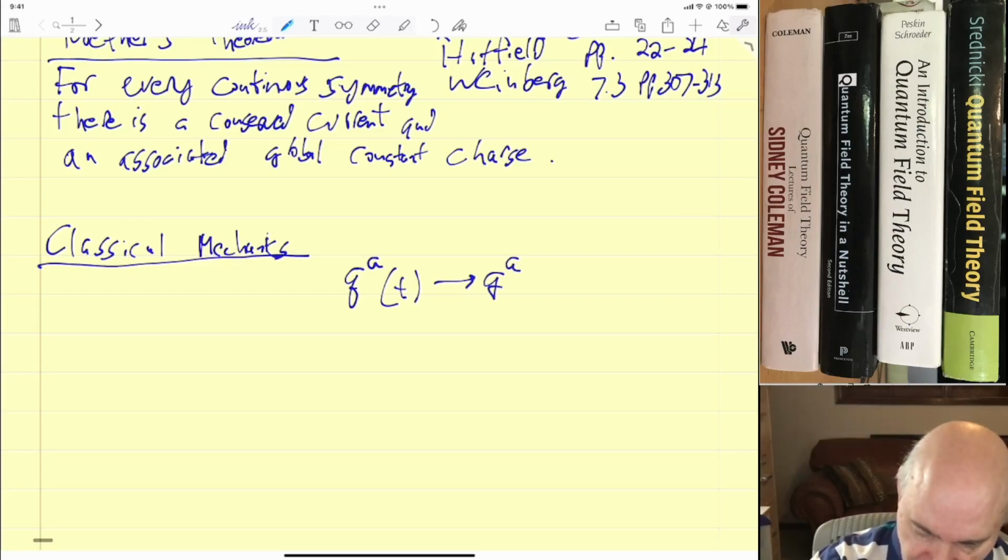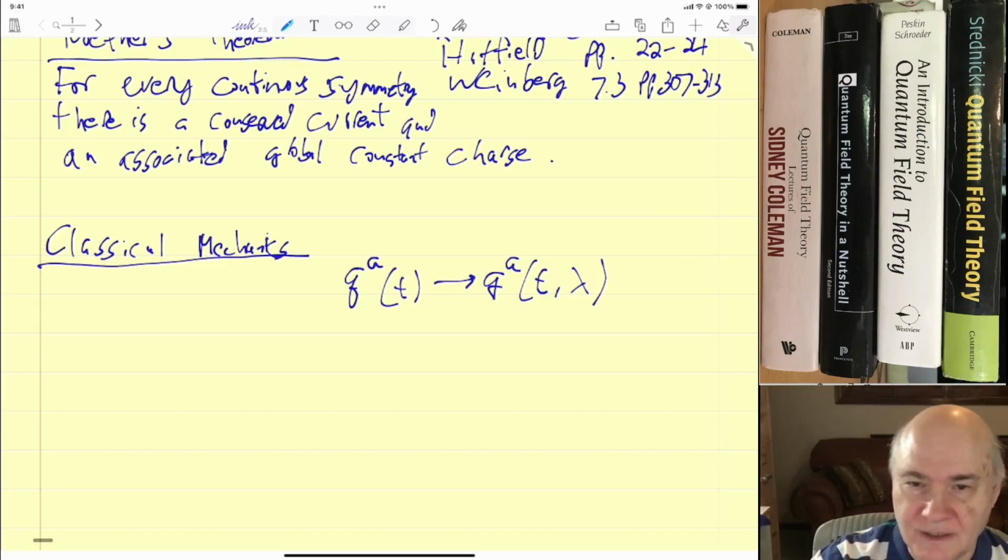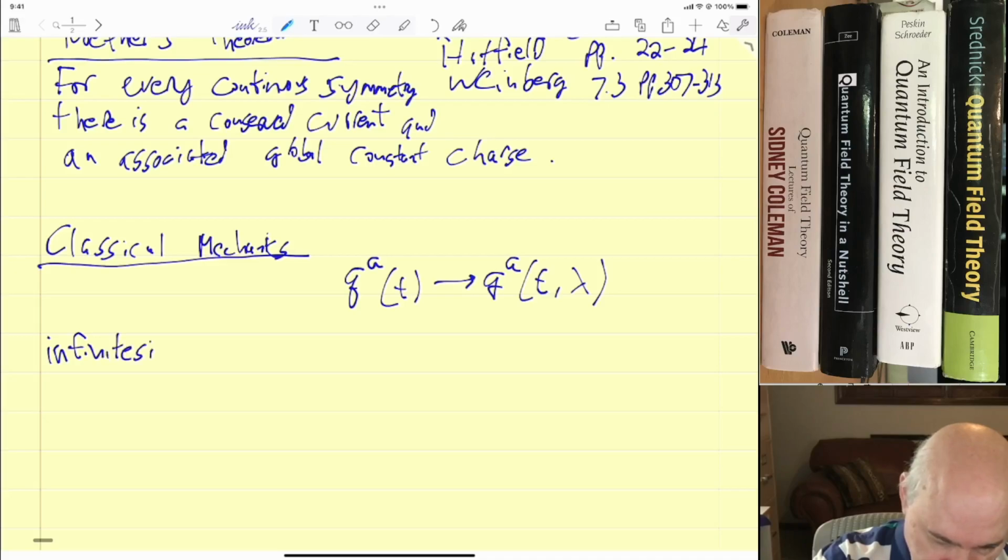So if we make a symmetry transformation with a parameter lambda, this parameter could designate a rotation, a translation. So we have the infinitesimal version, a word I'm sure I've misspelled. So here we have q_A goes to q_A plus something we'll call delta q_A.